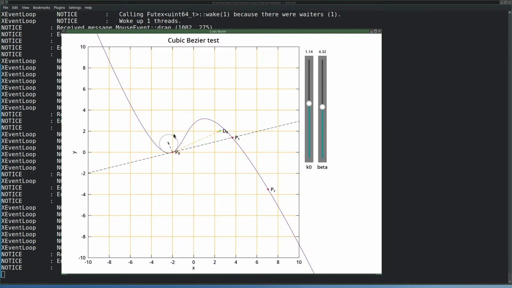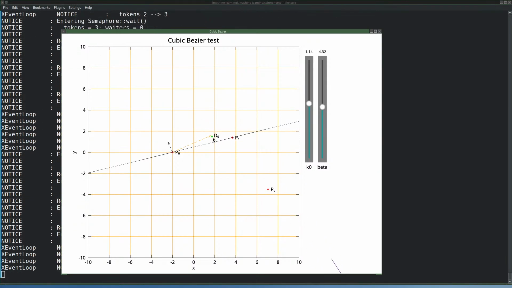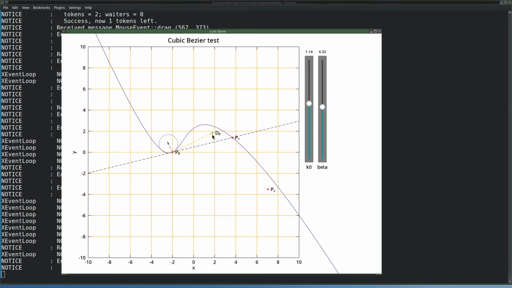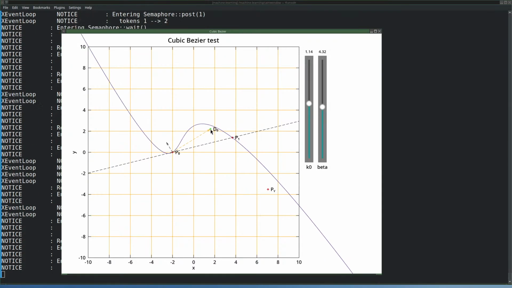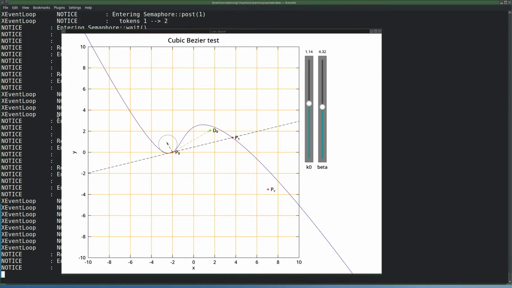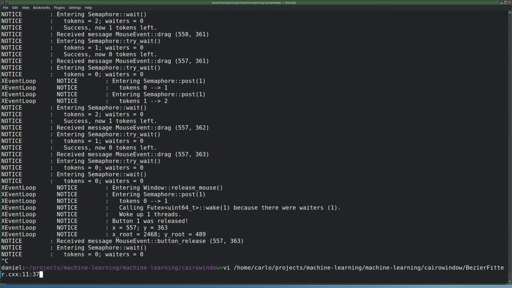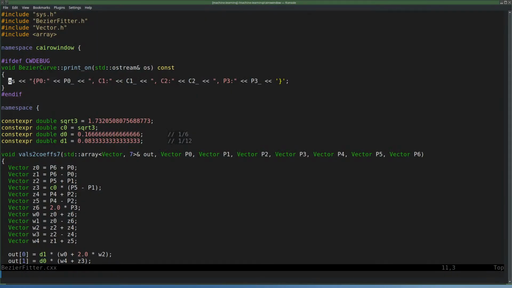The direction here is the velocity, or at least the direction of the velocity, so the first derivative, and the curvature has to do with the second derivative. But yeah, I'm just going to forget the derivative. Cubic Beziers and second derivatives don't work together.